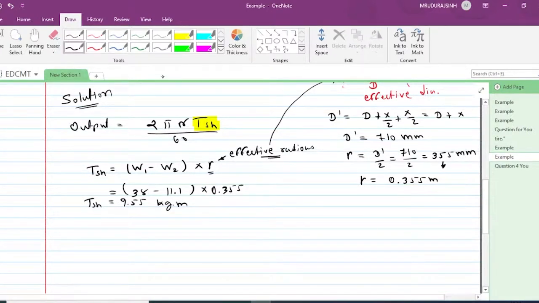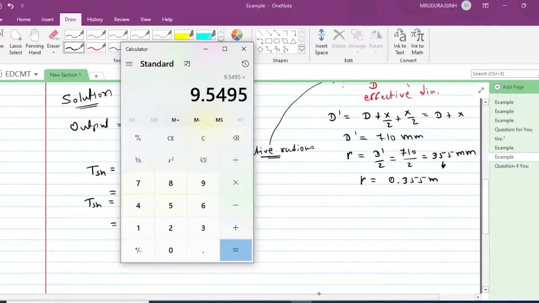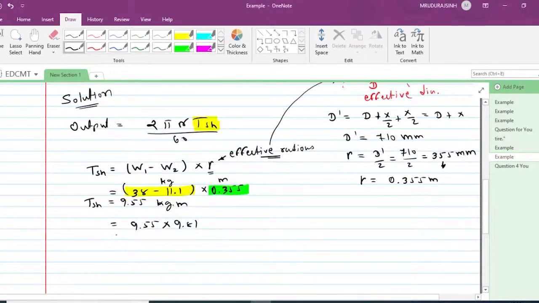Why is it kg into meter? Because the difference is in kg and r is in meter. I want to convert it into Newton meter, so I will multiply it by 9.81. That gives me 93.68, so we'll take it as 93.7 Newton meter. It's the shaft torque.